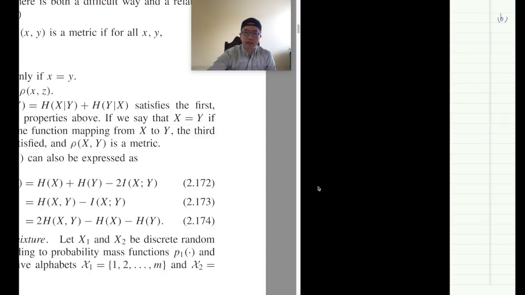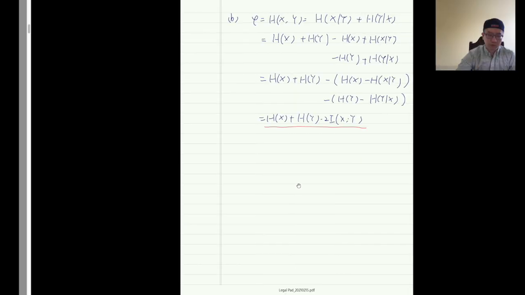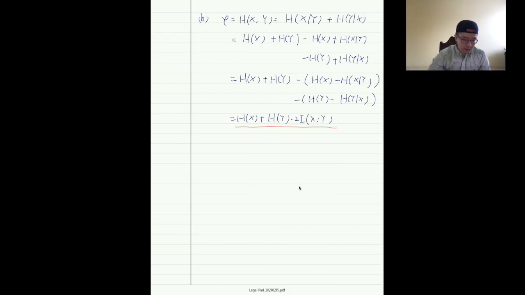Okay, and the second formula is that now we're going to have one mutual information and then a conditional entropy, right? That is pretty straightforward. By the Venn diagram that I've shown before, it's easy to see that it will hold.